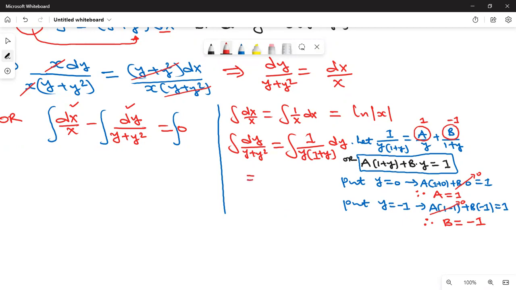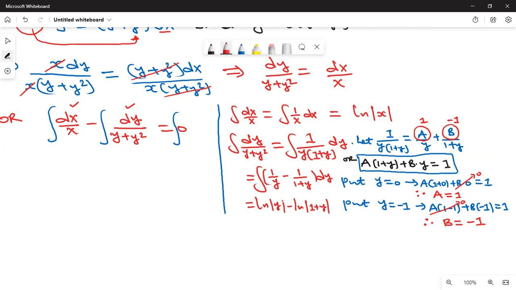So this integral can now be written as the integral of 1 over y minus 1 over 1 plus y dy. So that when you integrate the first term, you get natural log of y. The second term will give you natural log of 1 plus y.